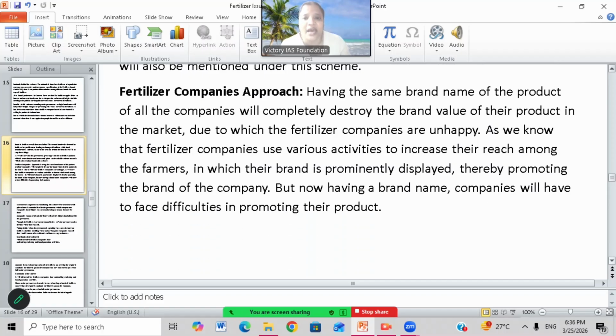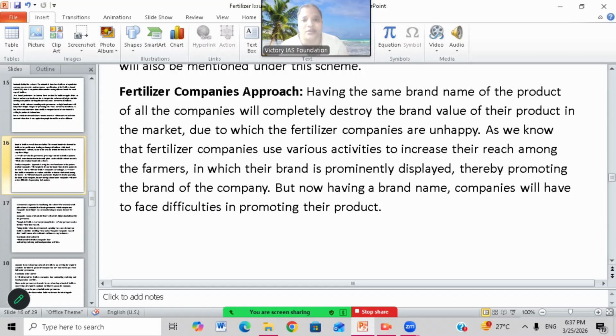Okay, what is the fertilizer companies' approach here? They are losing their brand name. They have done a lot of marketing. They have advertised so well. They got a good brand name in the market. This will be destroyed after the One Nation One Fertilizer Bharat brand has been introduced. So they will lose their brand value.